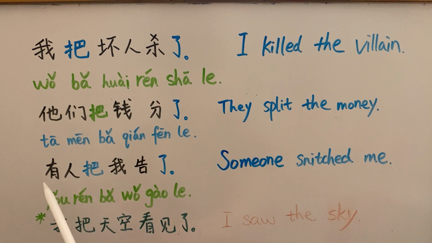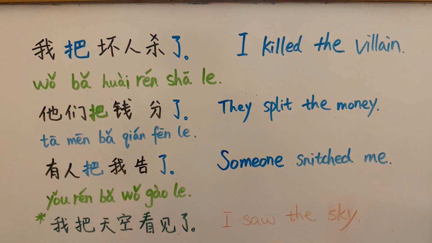And in the third sentence, 有人把我告了. 有人 means someone. There's someone. 把我告了. The main verb here, the finite verb here is 告.